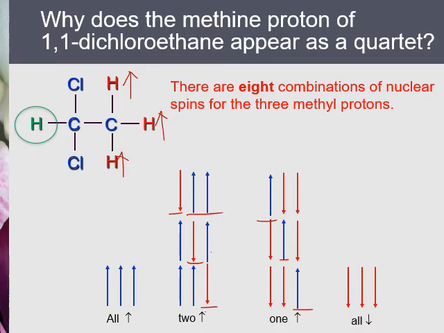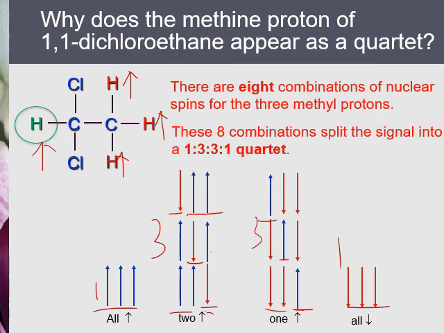So 8 possible combinations, but only 4 effects on the hydrogen: all up, all down, 2 up 1 down, and 2 down 1 up. So that gives you 4 effects and therefore 4 absorptions. The intensity is 1, 3, 3, 1.